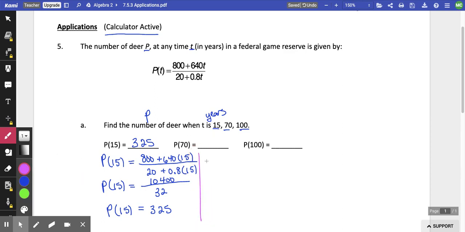Then I'll do the next one there, so P of 70. Again, I'm just going to put 70 in place of the T's in the function that was given. And once again, I'll calculate the numerator and then calculate the denominator separately.